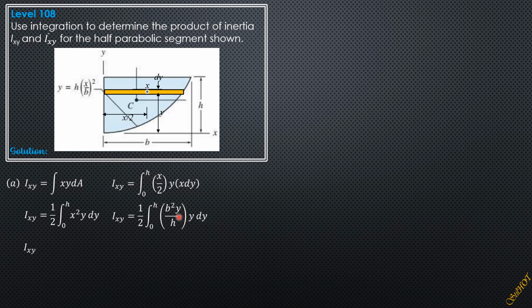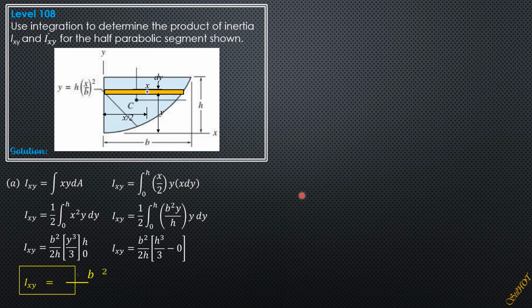So Ixy is b squared over 2h times the integral of y squared dy, which is y cubed over 3 from 0 to h. So Ixy is equal to b squared over 2h times h cubed over 3 minus 0. Therefore Ixy equals b squared h squared over 6.